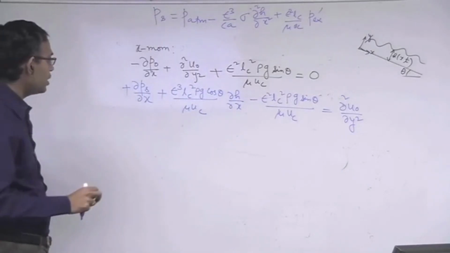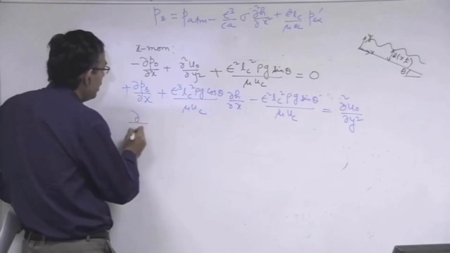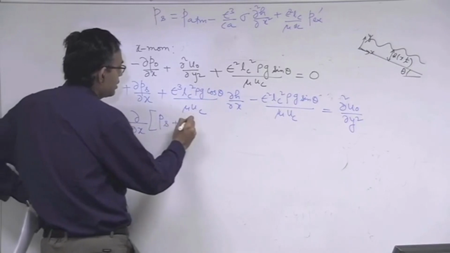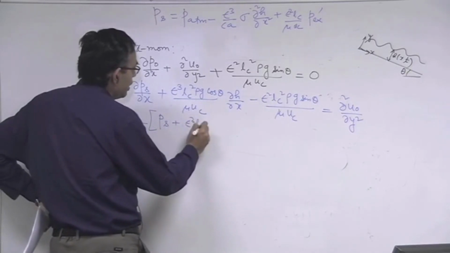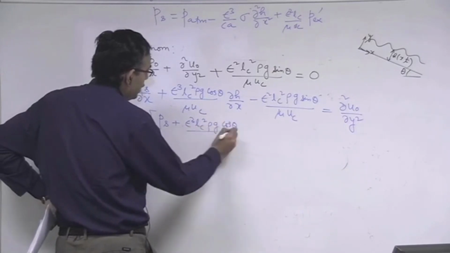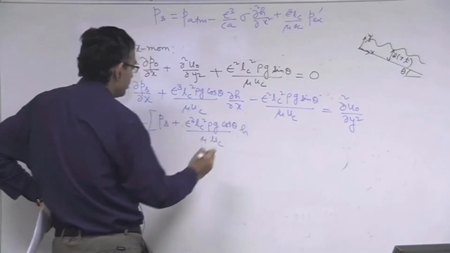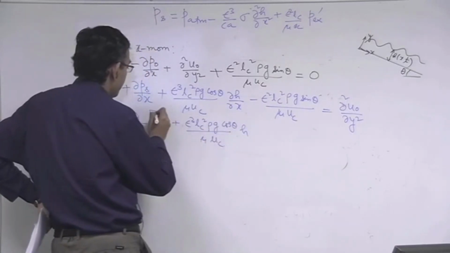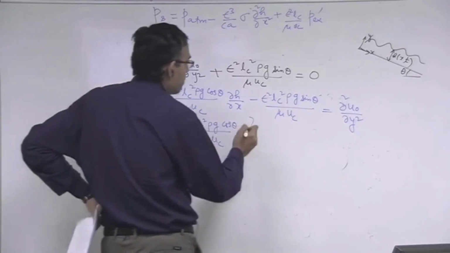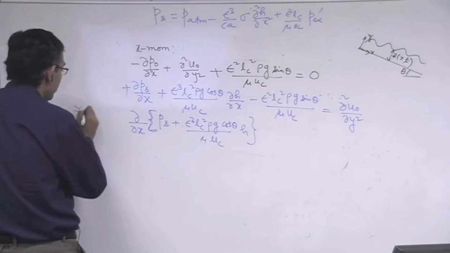In terms of a shorthand notation, we can write del x of Ps plus epsilon cube LC square rho g cos theta by mu UC H, so del square u0 del y square.